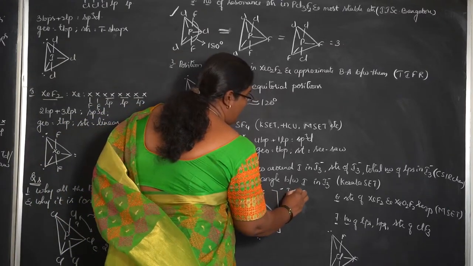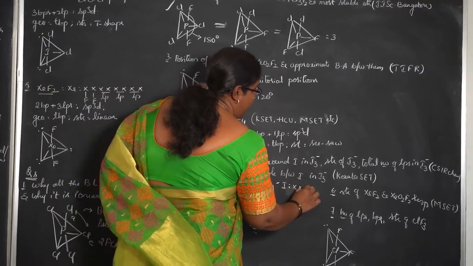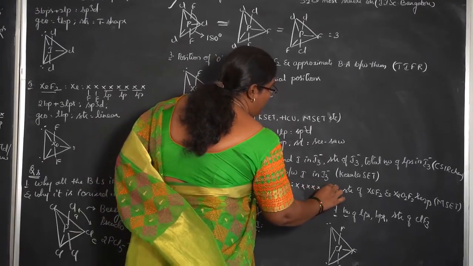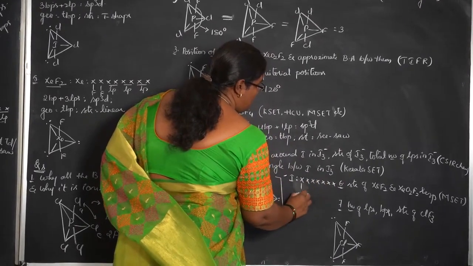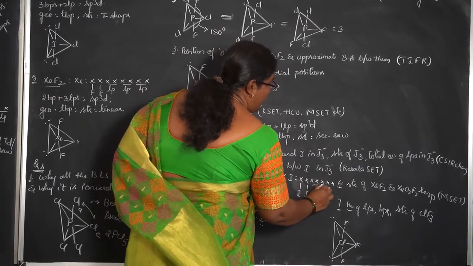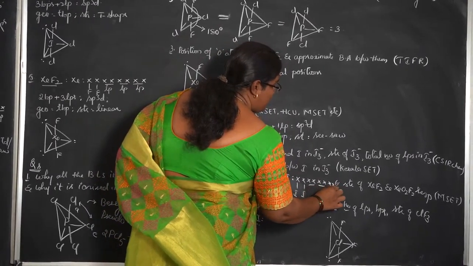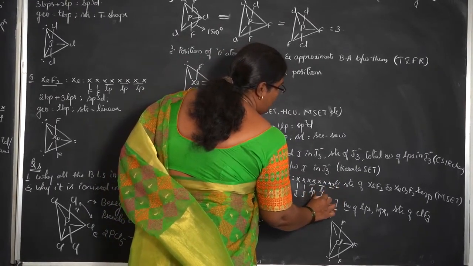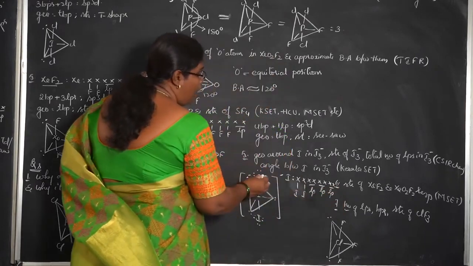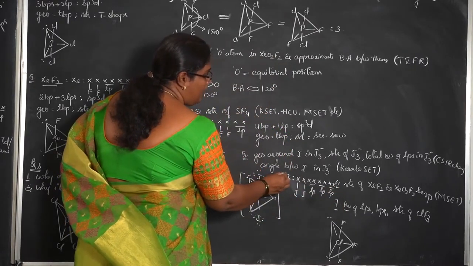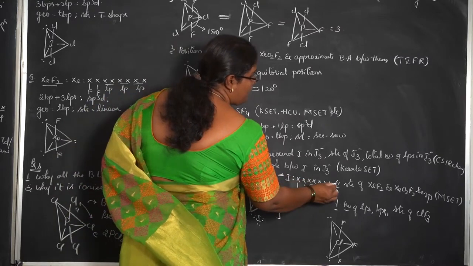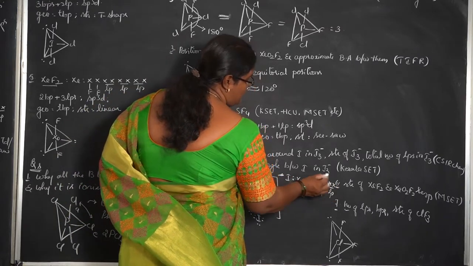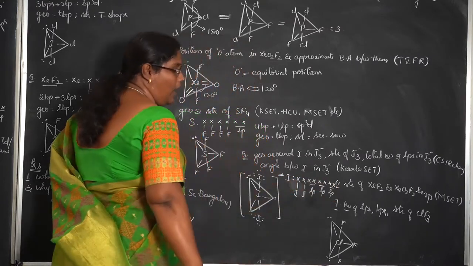So first of all, what is the hybridization in I3 minus? Iodine is a 7th group element. We take 7 electrons. So 2 bonded pairs and 3 lone pairs. One of the negative charges on the molecule is taken as an extra electron with the central atom iodine.